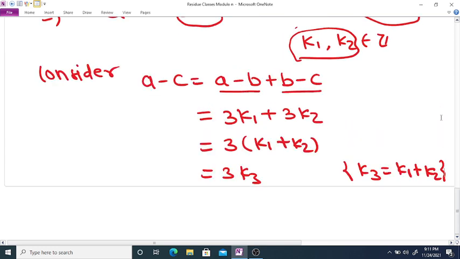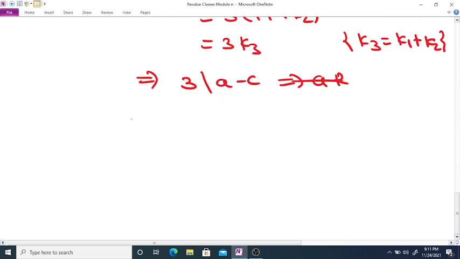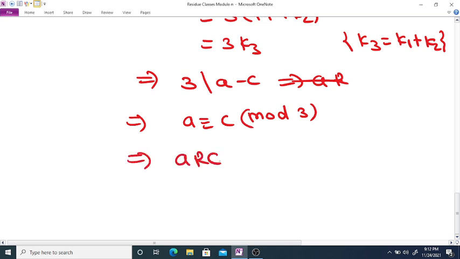This implies 3 divides a minus c, which implies a is congruent to c modulo 3, and therefore a is related to c.